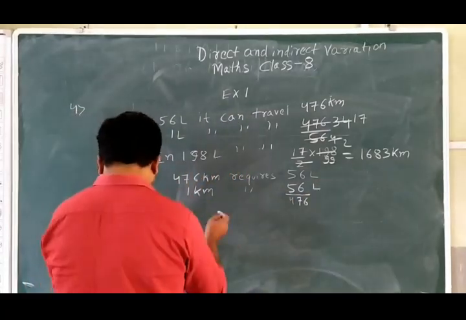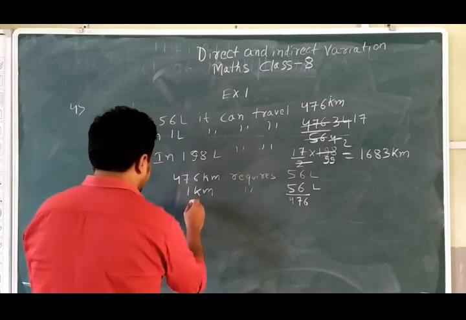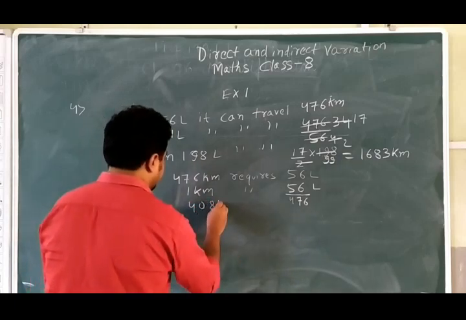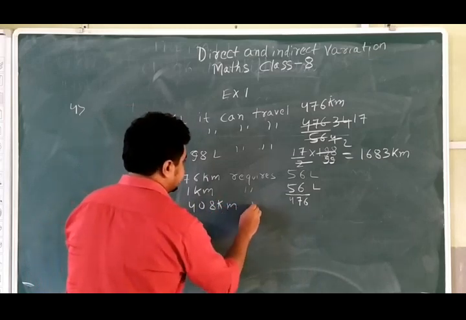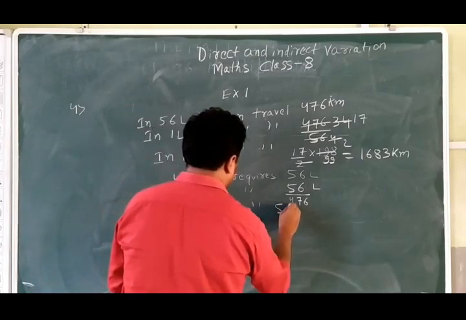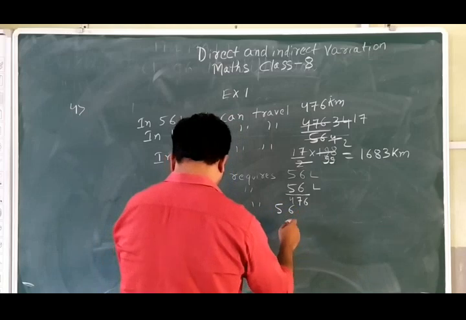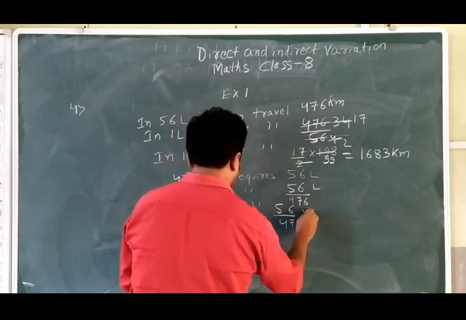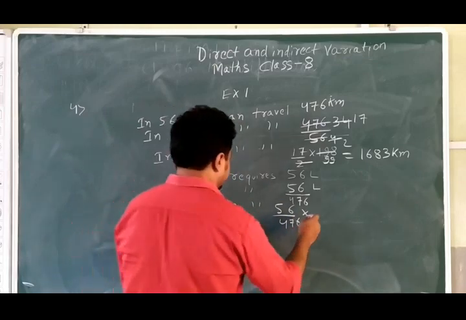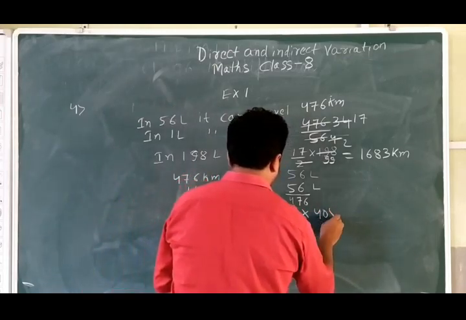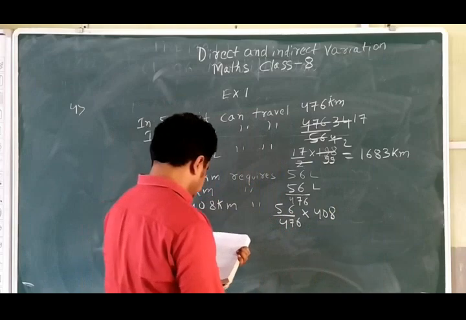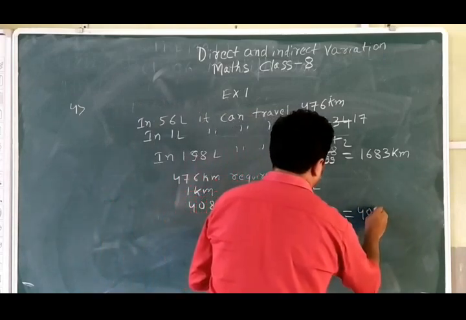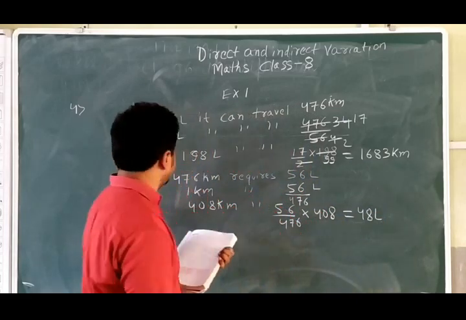And what is given to us? 408 kilometers. It requires 56 by 476 into 408. If you solve this, you will be getting 48 liters. So this is question number 4.